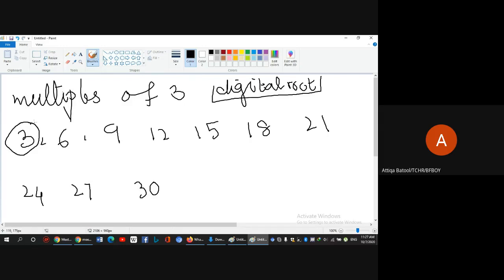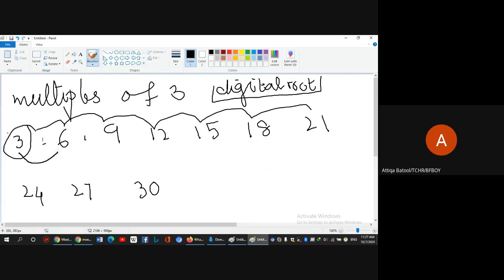Suppose we didn't have 3, how could we construct the rest of the numbers? We had 3, the root number, so we added another 3 and constructed 6, then another 3 made 9, then another 3 is 12, then 15, then 18, 21, and so on. Understand? So the root number, the basic number of multiples of 3, is 3.